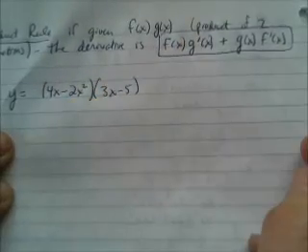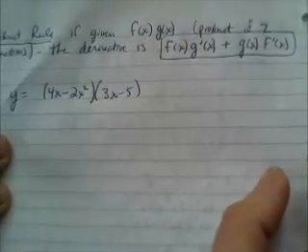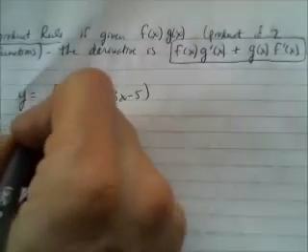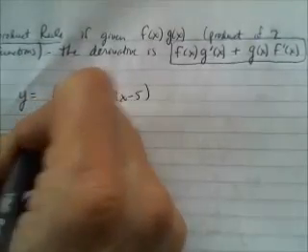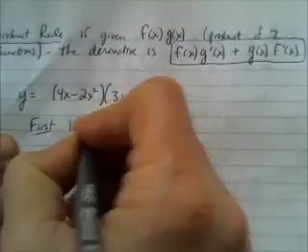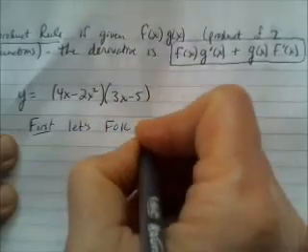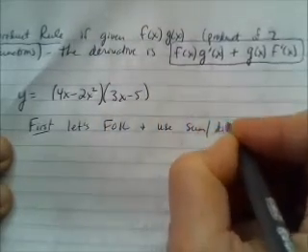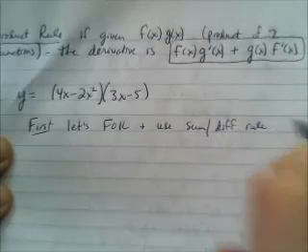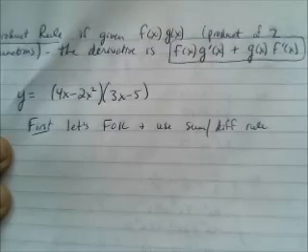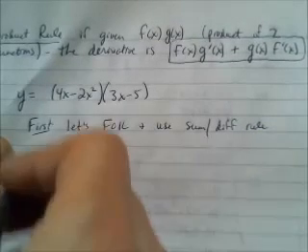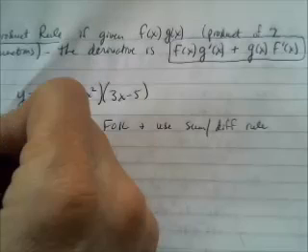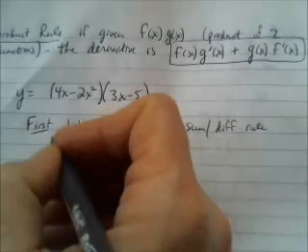We're going to take the derivative in two different ways because we know a couple different ways. First, let's FOIL and use the sum and difference rule that we just learned. This is the first method.